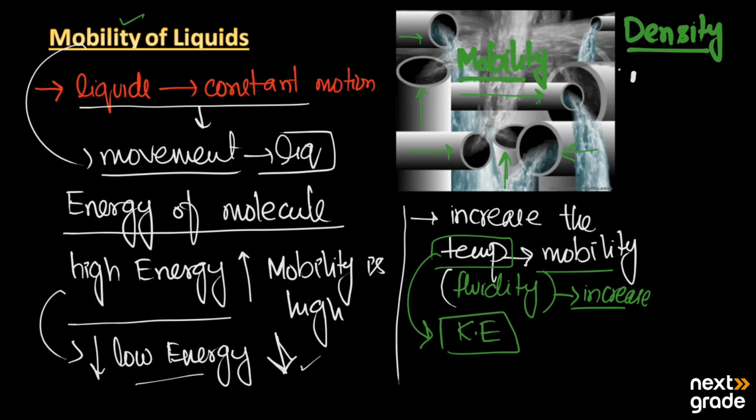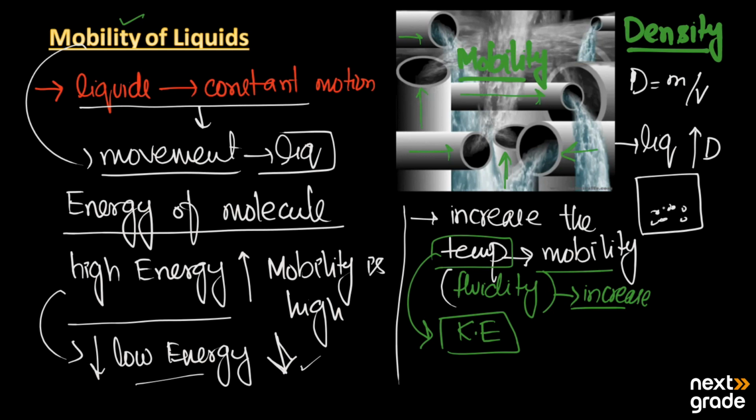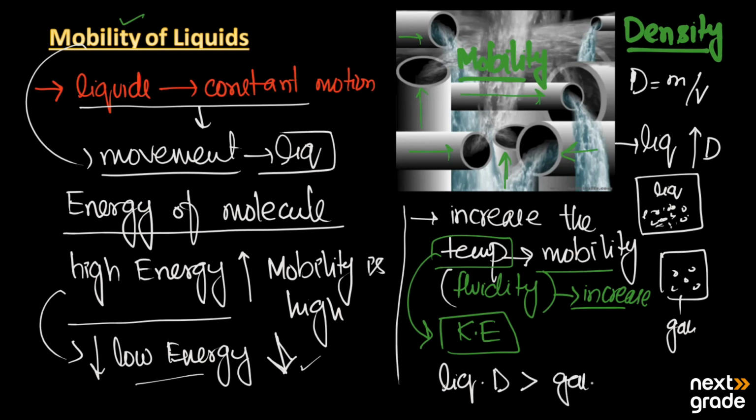Basically, by the formula, density is equal to mass per unit volume, and liquids have high density as compared to gases, because in liquids the molecules are closer to each other, and in gases the molecules are far apart, so gases are less dense. Liquid density is high as compared to gas density. So this is all about today's lecture.